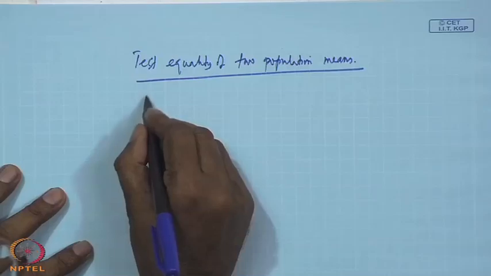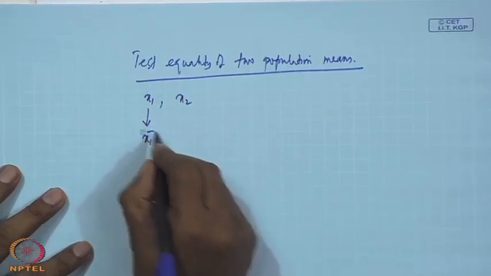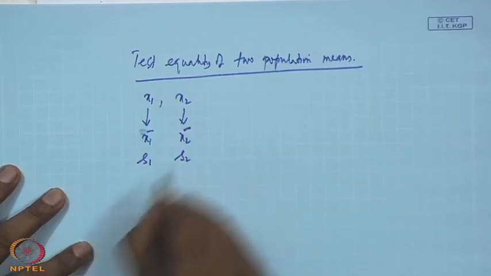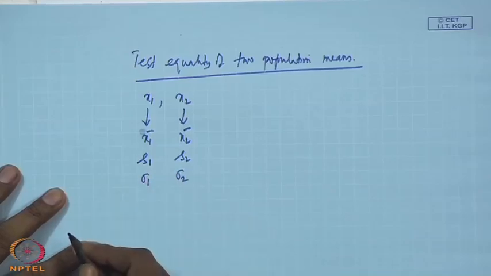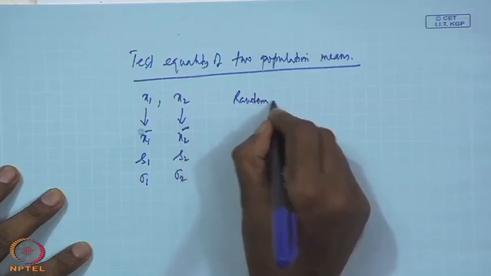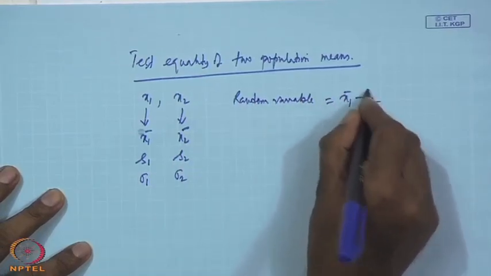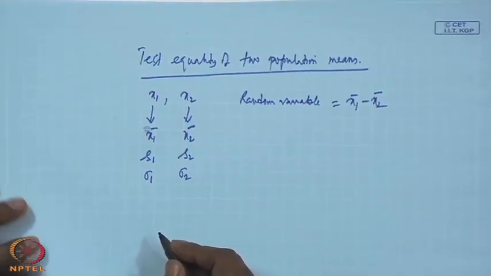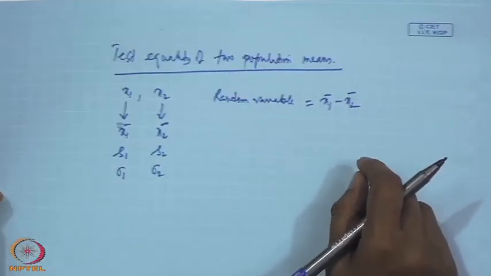There are two variables x 1 and x 2 and you computed x 1 bar and x 2 bar. You also computed S 1 and S 2. You may know sigma 1 and sigma 2 depending on the situation. You have created a random variable which is x 1 bar minus x 2 bar. You recollect your lecture on the test of equality of two population means under the univariate situation.